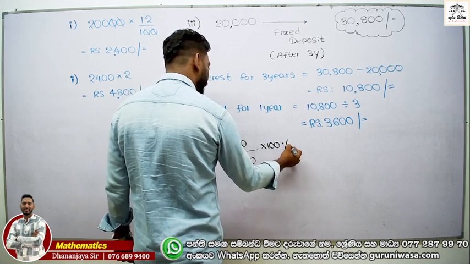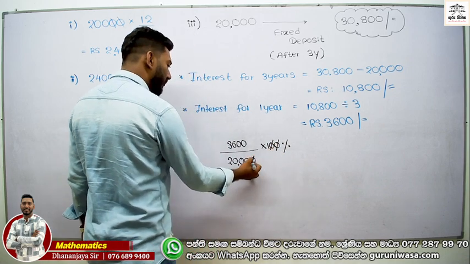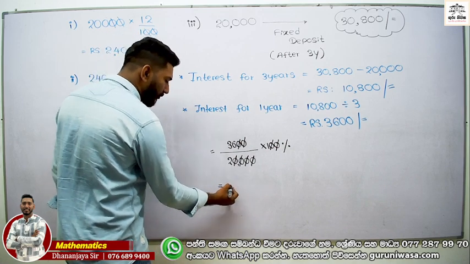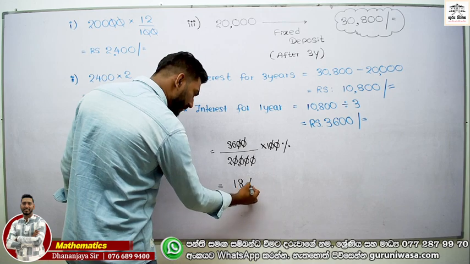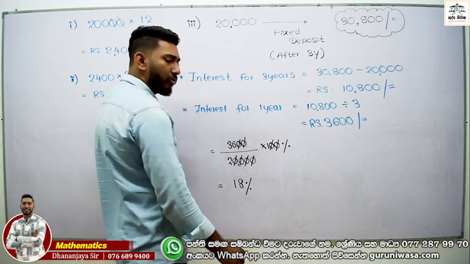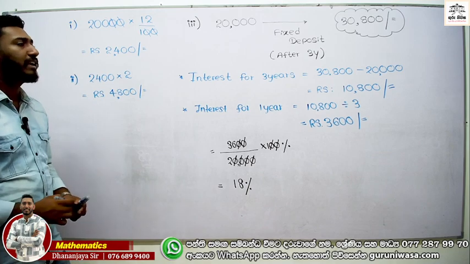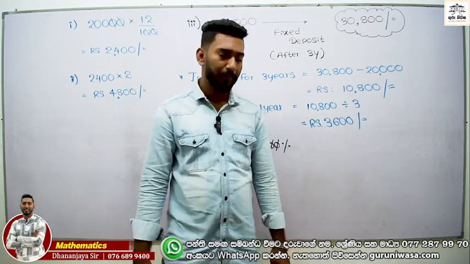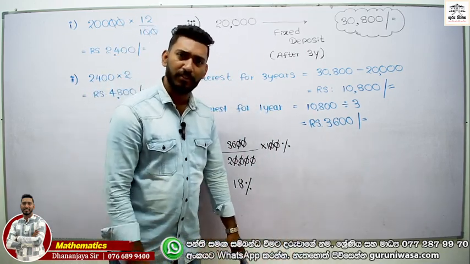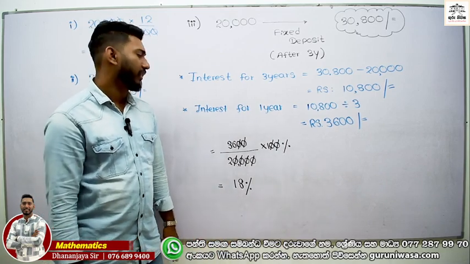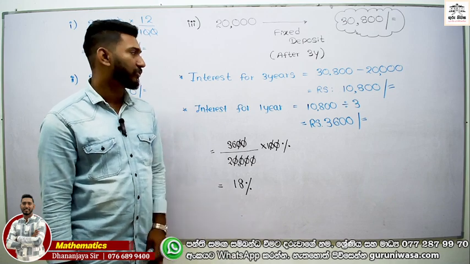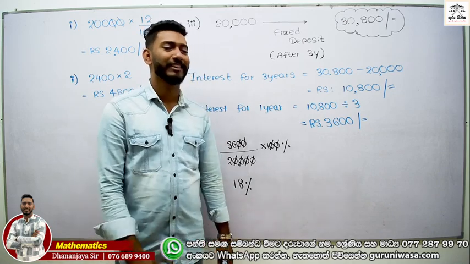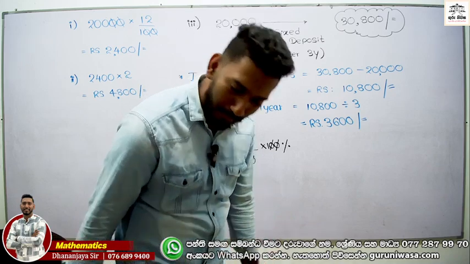This is the method. Cancelling the zeros, 36 divided by 2 is 18%. The bank offered 18% annual interest on the fixed deposit. They don't give this much now; the usual is 7 or 6.5 maximum. Understood? Yes, sir. Okay, note this down.